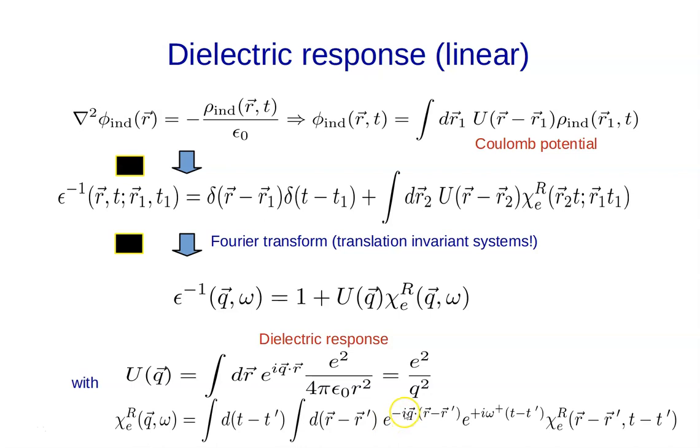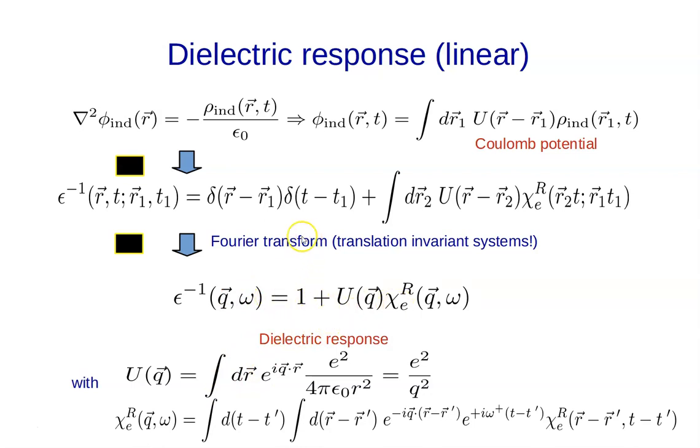Notice that in space there's e to the minus iq dot (r minus r prime), and this is valid for translation invariant systems, so that this will only depend on the difference between, say, r2 and r1. And once we do these two Fourier transforms, we get this expression, which is how it is usually referred to.